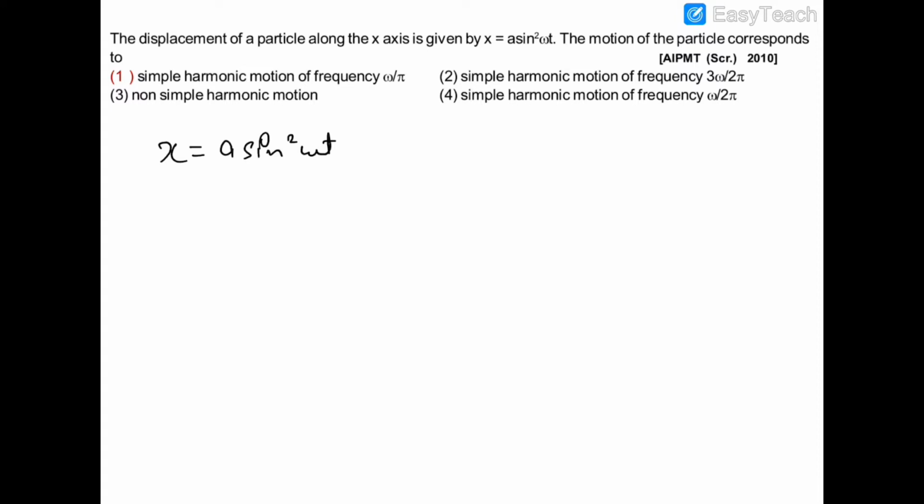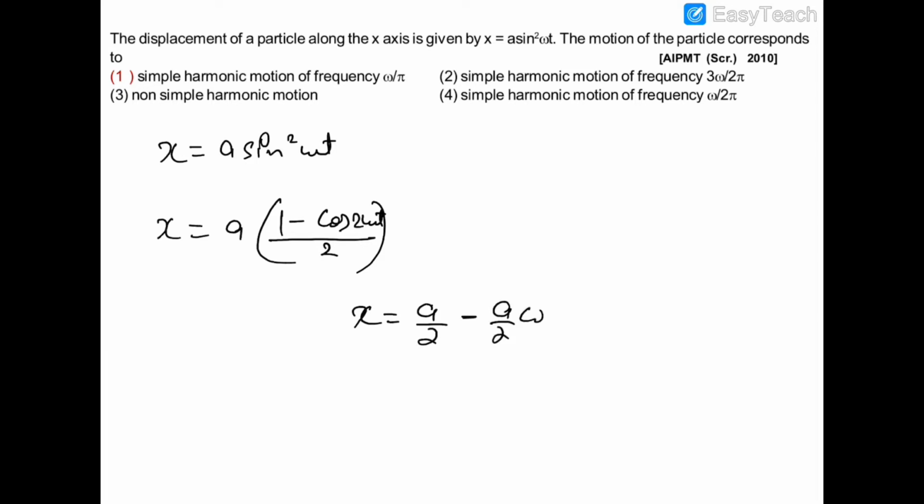Now you can write sine square omega t as 1 minus cos 2 omega t by 2. We all know that sine square theta is equal to 1 minus cos 2 theta by 2, and therefore this equation is equal to a by 2 minus a by 2 cos 2 omega t.